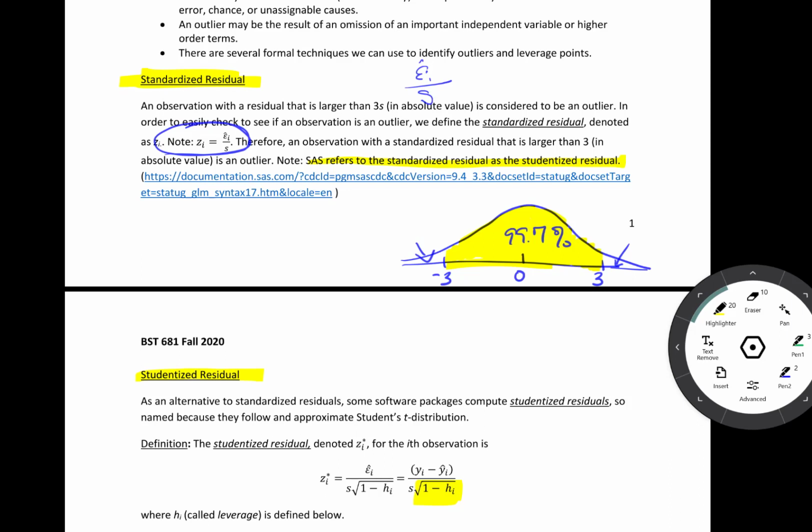So I want to be careful about these things when I report them. So if someone reads my report, they would know exactly what was calculated, and they can go and reproduce this. So I might say that I'm reporting the studentized residuals from SAS. And then someone will know that if they pull a studentized residual from other software, it might not be exactly the same, but if they use SAS, they will get this. So again, it's all about this idea of transparency.